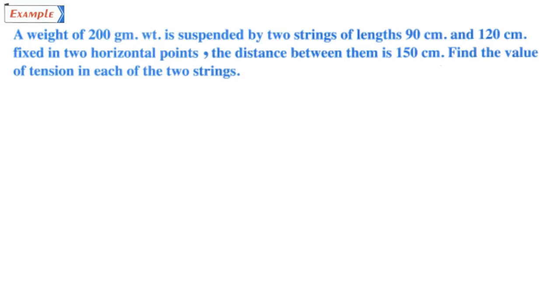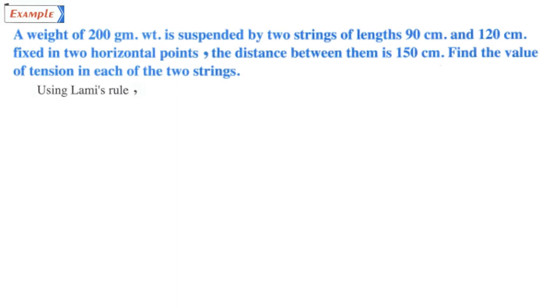Try another problem. A weight of 200 gram weight is suspended by two strings of length 90 centimeter and 120 centimeter fixed at two points on the same horizontal level. The distance between them is 150 centimeter. Find the value of tension in each of the two strings.